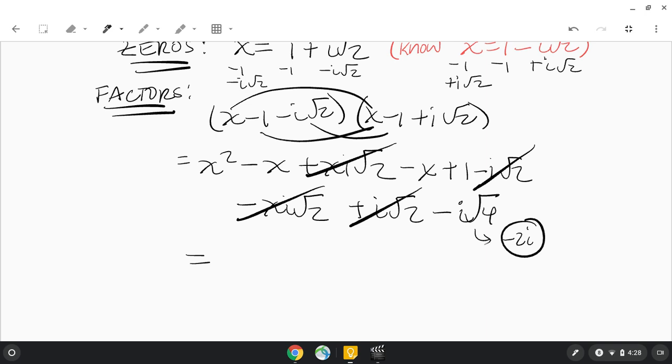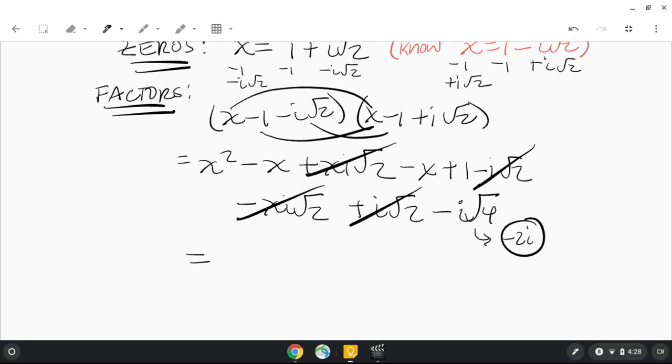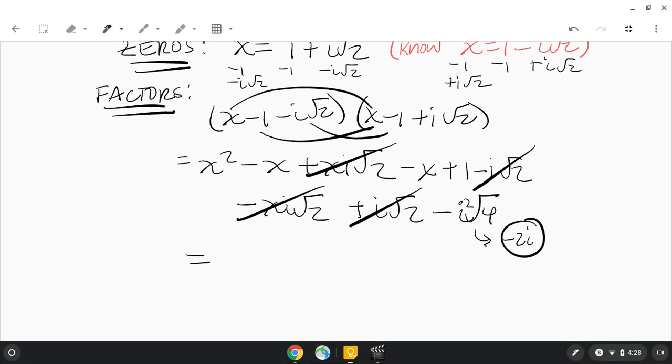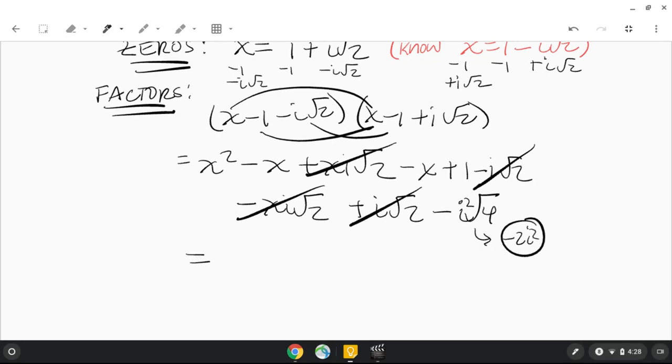All right. Did I forget my square? I did forget my square. Negative 2i squared, right? Okay, I'm waiting for it to show up. There it is. And then we know that i squared is negative 1, so that'll change that last term into a positive 2.